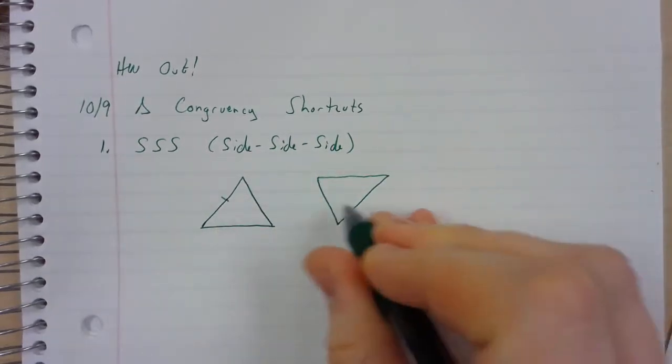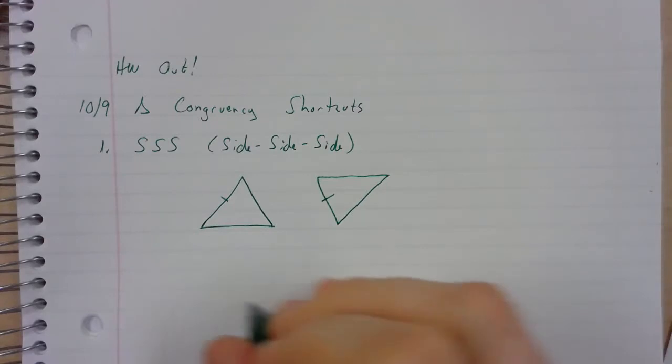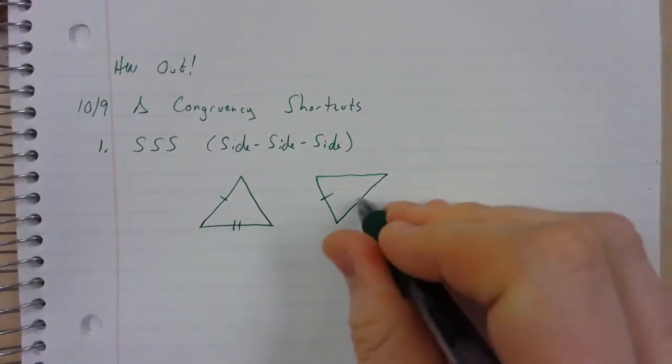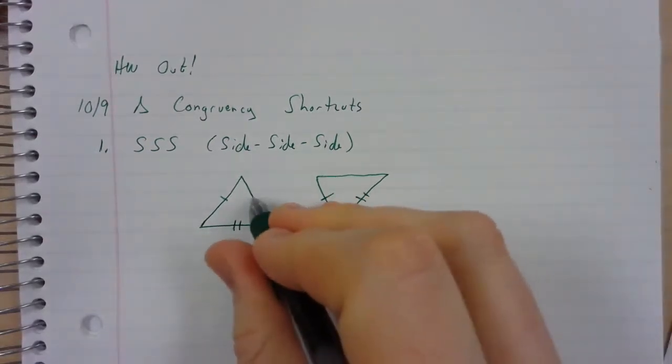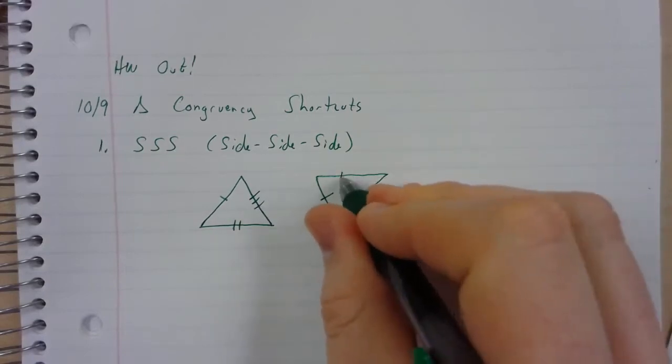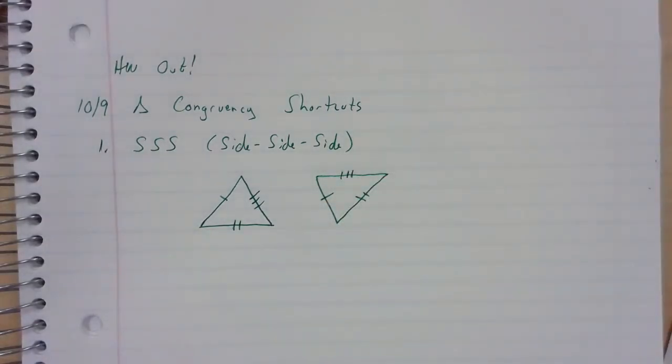If they have 1, 2, 3 sets of congruent sides, then those 2 triangles are congruent. I don't need to worry about the angles. Okay? So if there's 3 sets of congruent sides, I'm good.